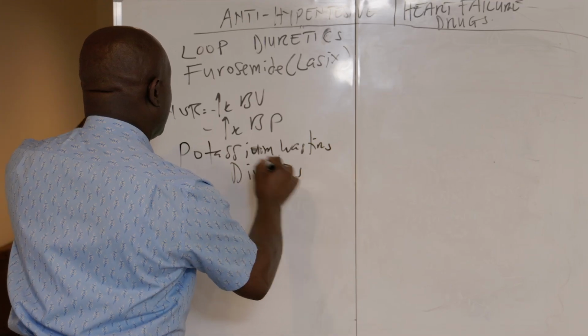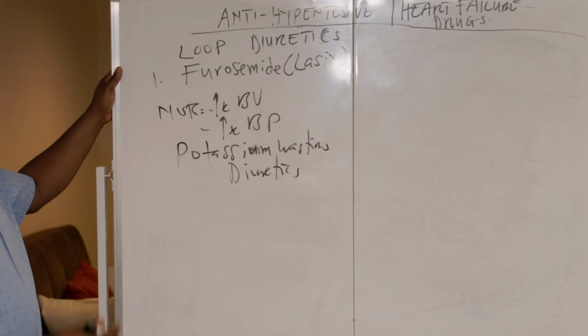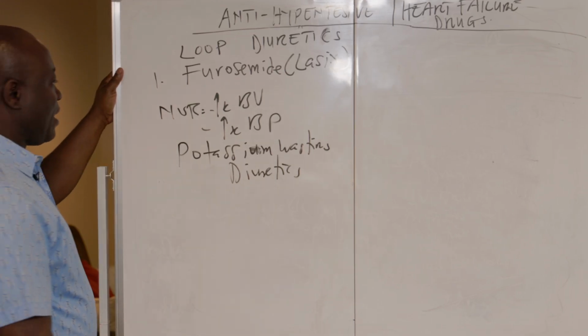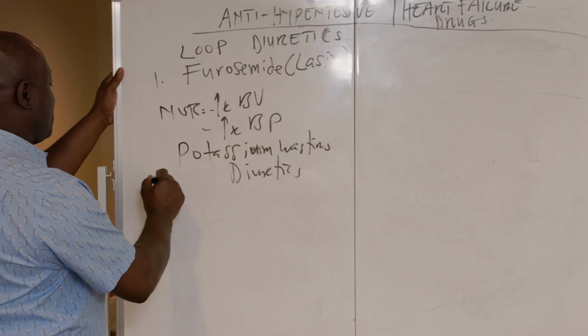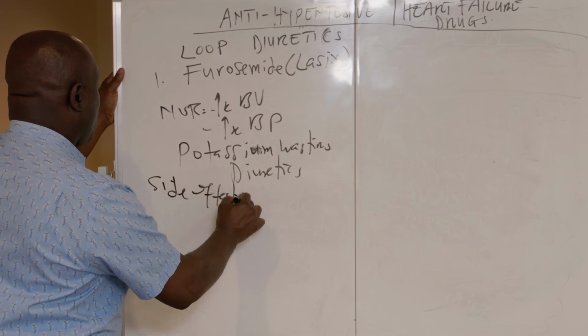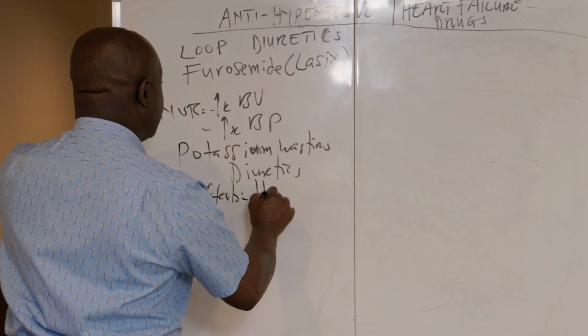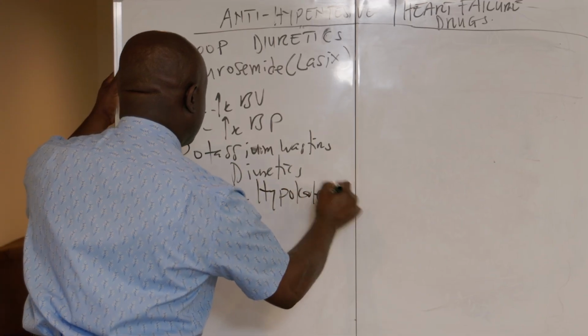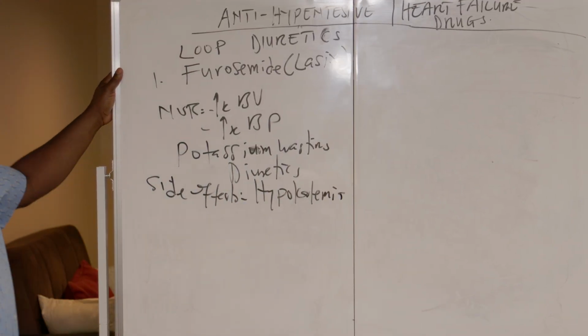And therefore, if somebody takes loop diuretics, they're going to lose potassium. So the exam can ask you what are some of the side effects of loop diuretics. Obviously, hypokalemia. The client's potassium level is going to decrease because they are potassium wasting.